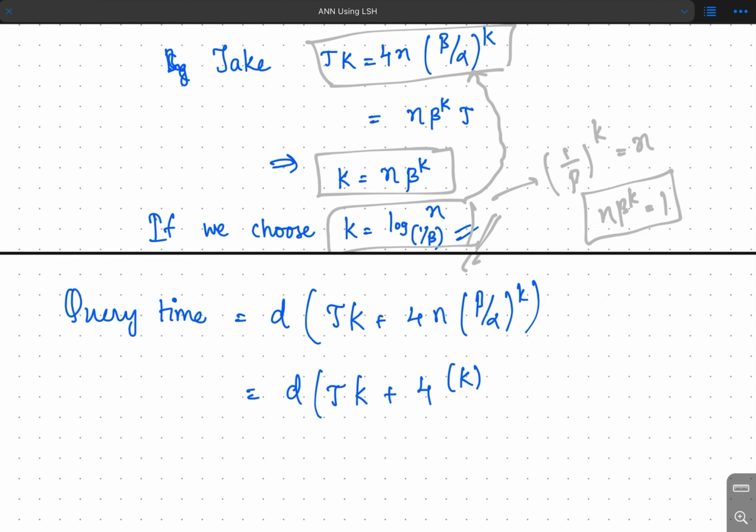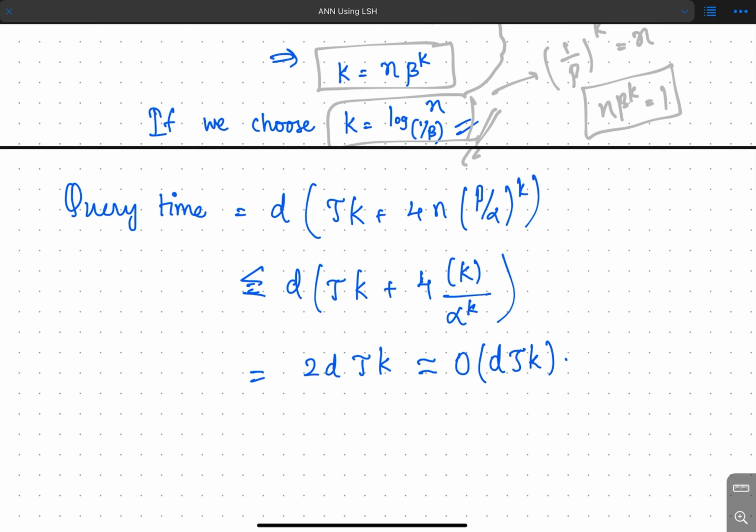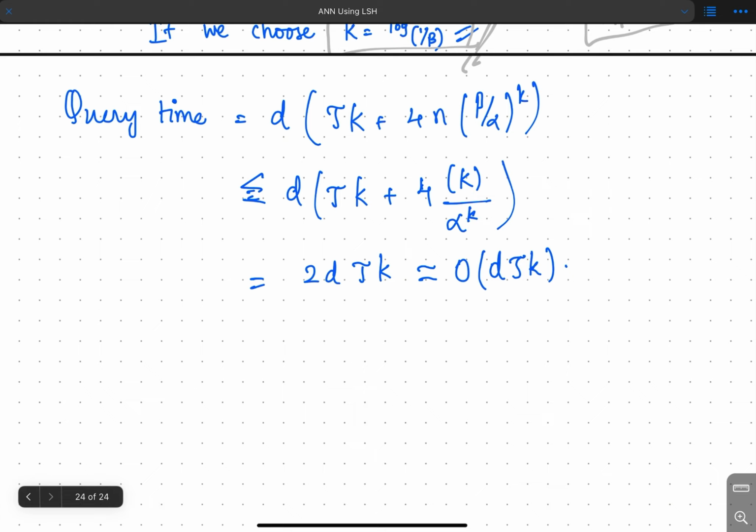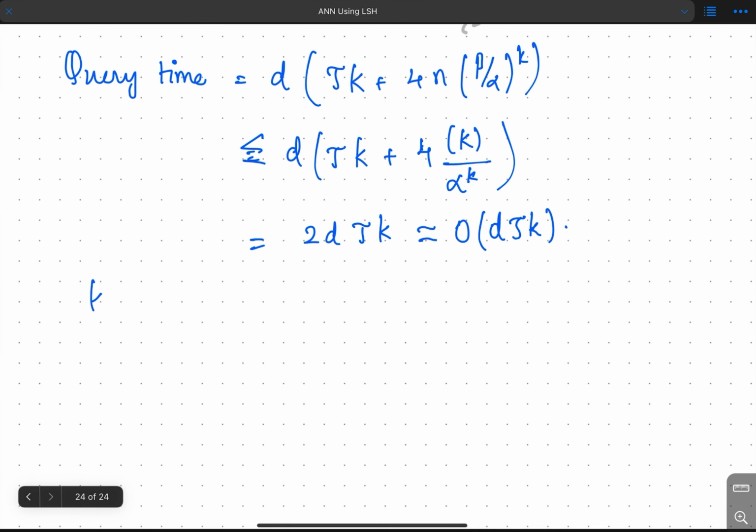So we can upper bound this as 4k by tau k plus 4k by alpha^k. And 4 by alpha^k we chose as tau, so this will be 2d tau k, so this will be O of d tau k. And k we chose to be ln n by ln 1/beta.